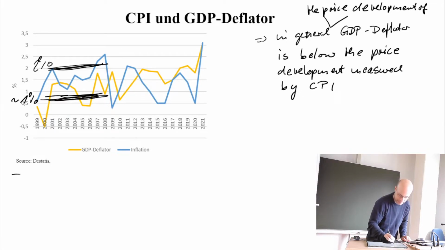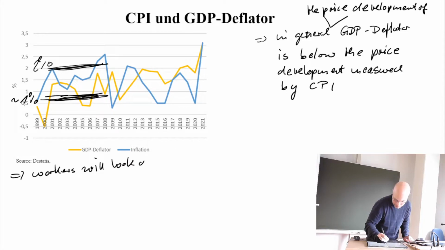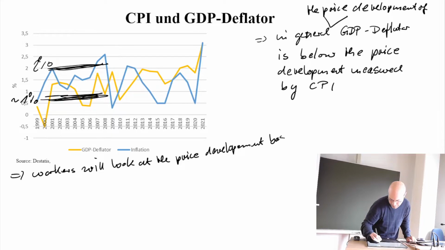So workers will look at the price development based on CPI, because this represents the private consumption.